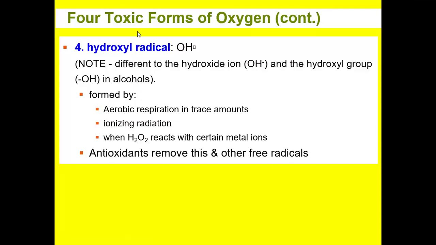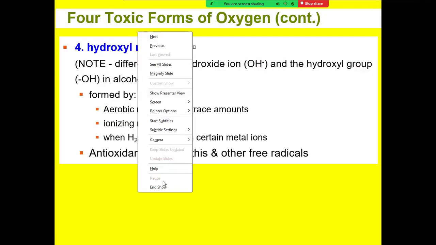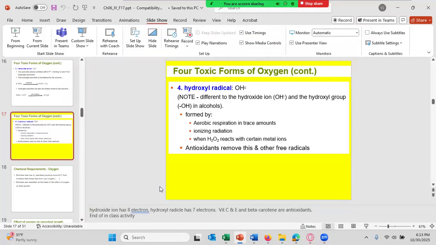So that's how we as humans deal with the hydroxyl radical, we use an antioxidant such as vitamin C or vitamin E, which combine with the hydroxyl radical and then tie it up, and it's no longer a radical. That does use up the vitamin C and the vitamin E. I mean, you can't use them as a vitamin, but they have been used for a good purpose, and that's to neutralize and tie up the hydroxyl radicals.